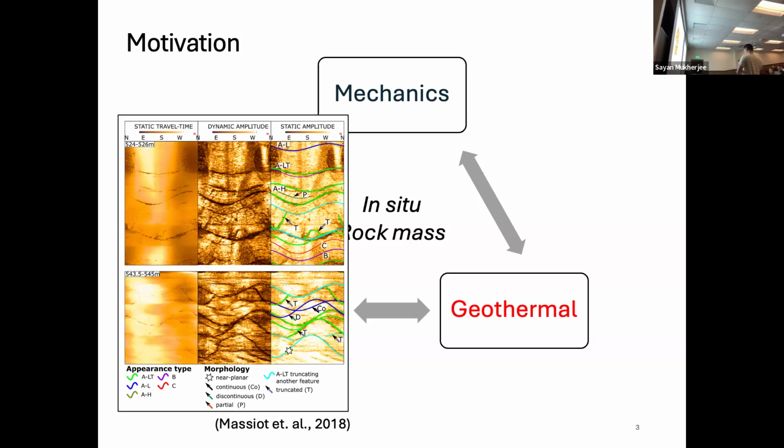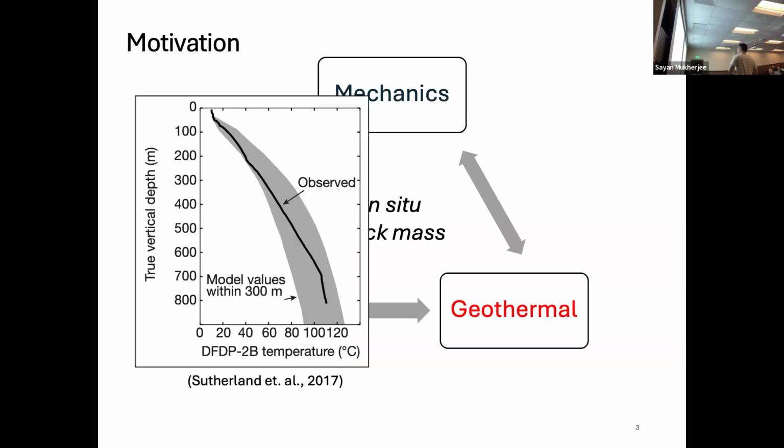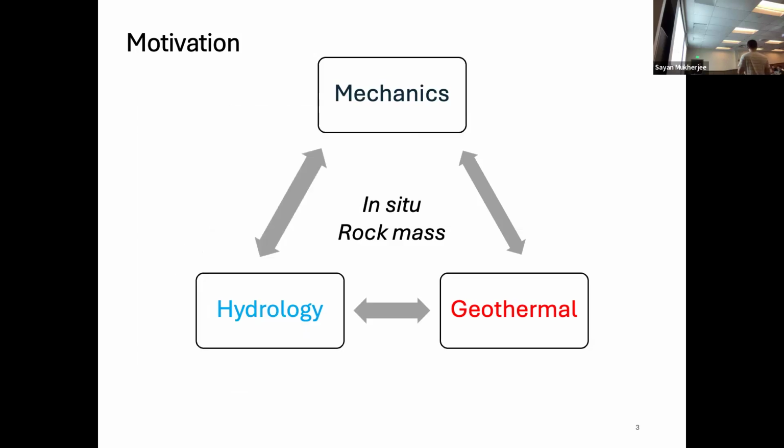We have actually observed an extremely high geothermal gradient at the Alpine Fault. It's higher than even 100 degrees Celsius per kilometer, and normally this would be less than 40 degrees Celsius. So it's extremely high.